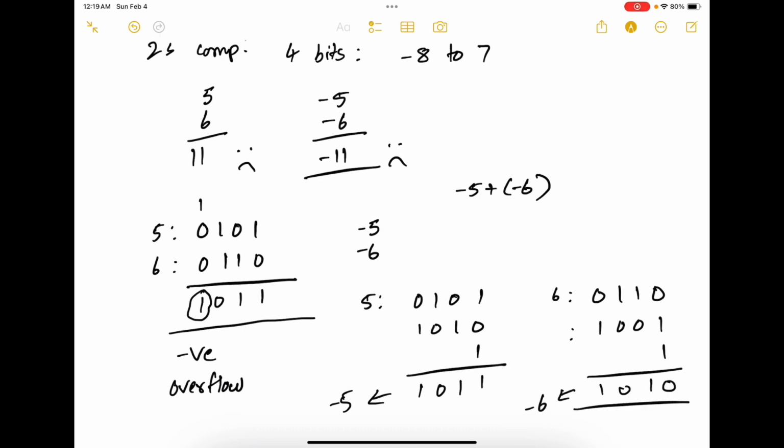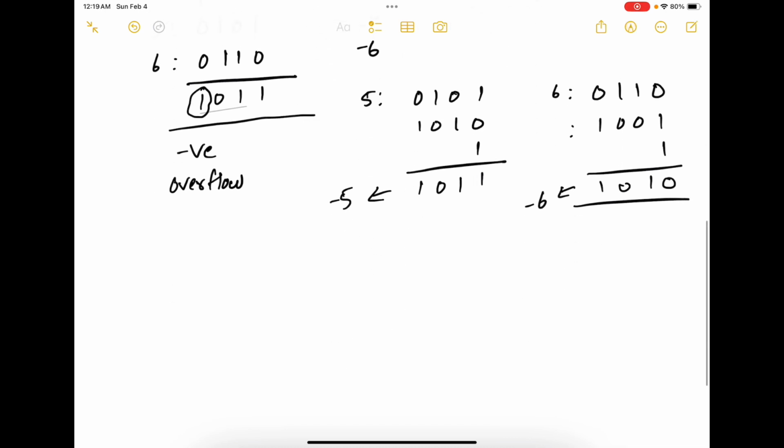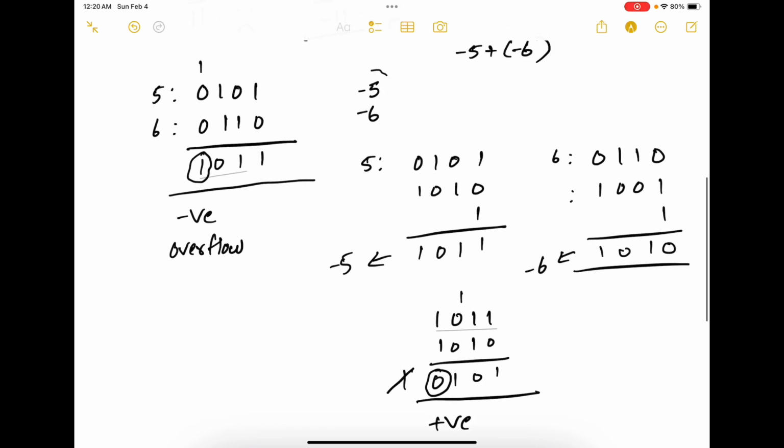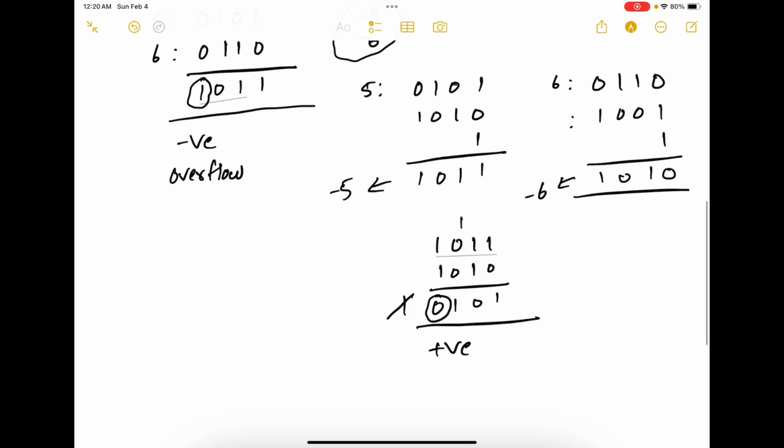This is -5, this is -6. Let's add them both up: 1011 plus 1010. And if you have a carry generated, you ignore the carry in 2's complement. Now looking at this number, the MSB is a 0, which means it's a positive number, but you're adding two negative numbers and your result is a positive. So that's an overflow.